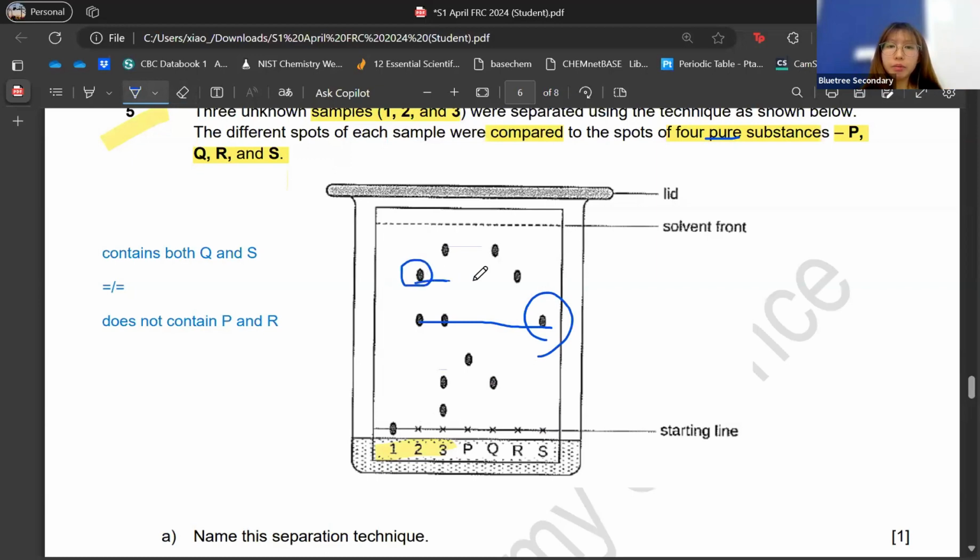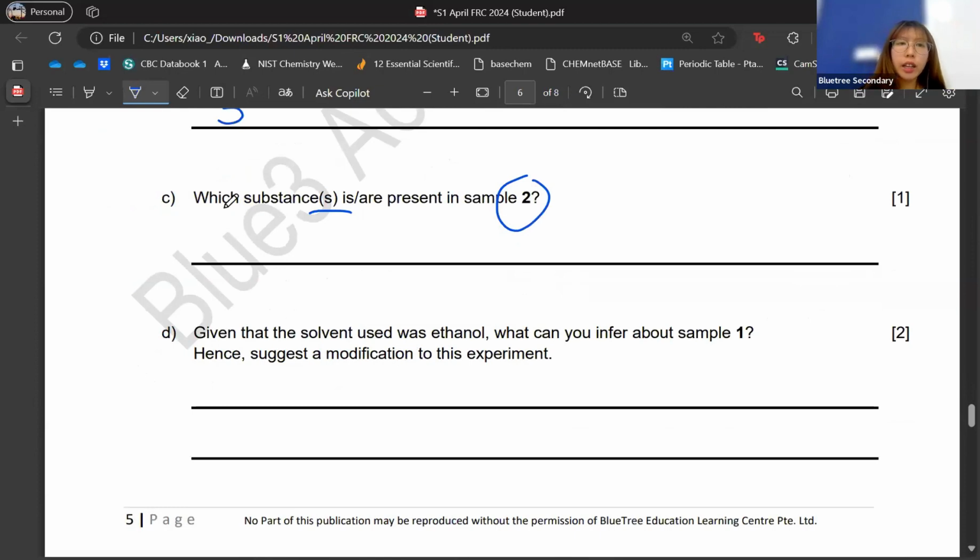Let's check. It is aligned to R. Does R have any other spot that I need to check? R only has that 1 spot, and therefore sample 2 consists of both R and S. This question, part C, is a very simple question, R and S.